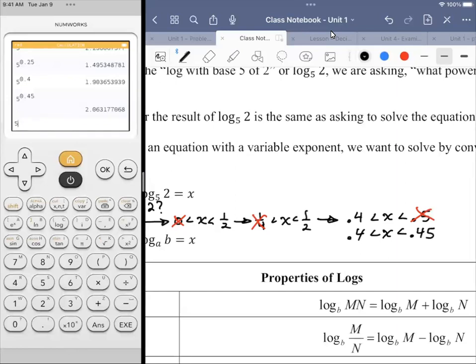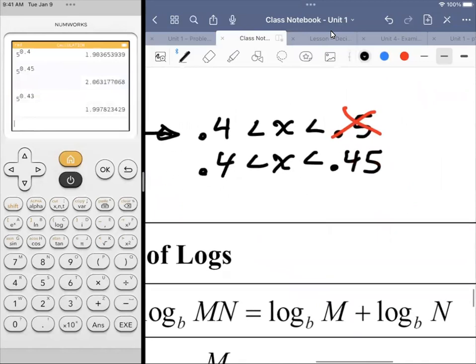So I say 5 raised to the, between 0.40 and 0.45 would be like 0.42, 0.43. I'll say 0.43. So 1.99, I mean, that's almost right there. So now I know it's between 0.43 and 0.45.